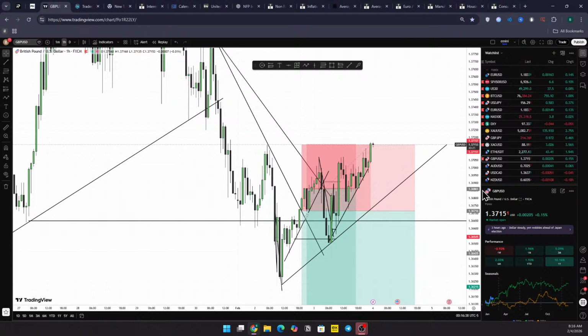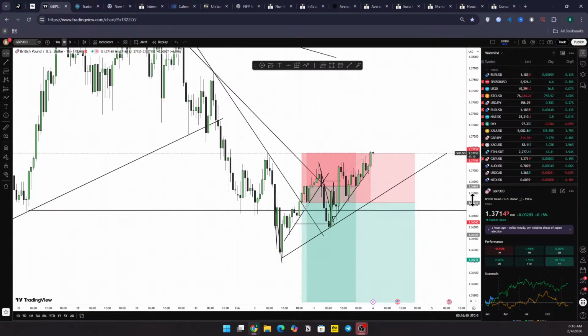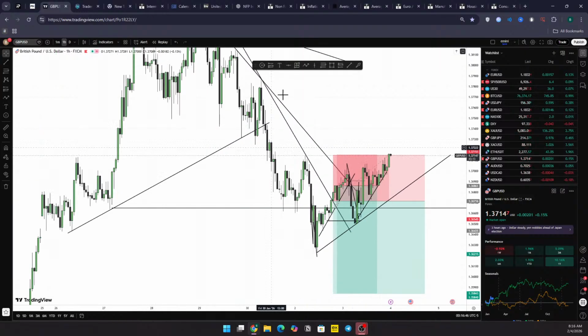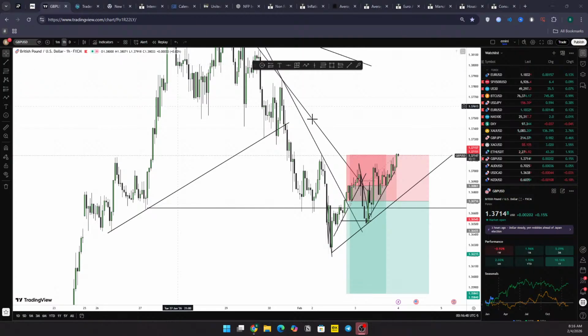But I don't think so, guys. Most of the time I wouldn't say this shows a structure shift, because it's not above the equilibrium. Most of the time when I say the market has changed structure, it has to be above the equilibrium. If this high had been around here and the market had broken it, then we would have shown a structure shift.